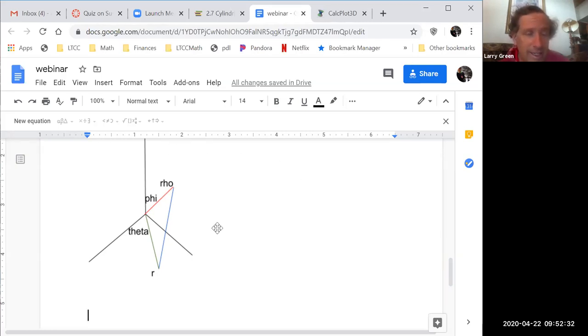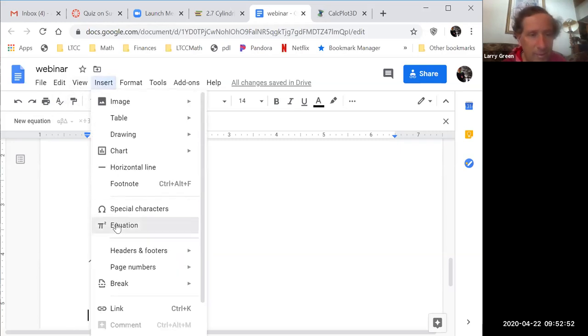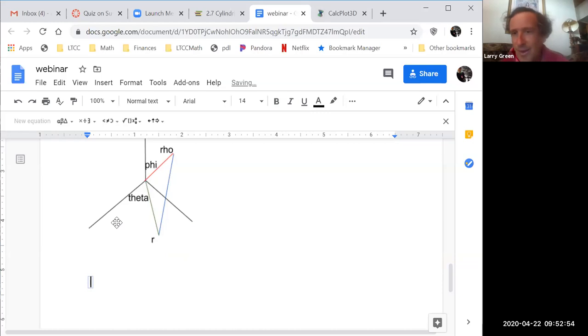It's always a good idea to start with rho. What's going to be the equation for rho? The hint is if you think of the equation for r, it's very similar.